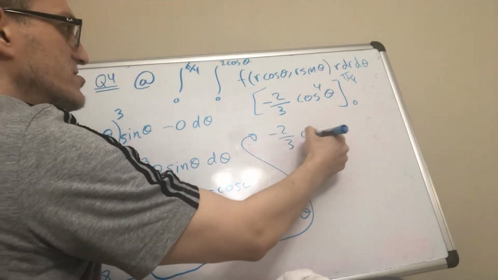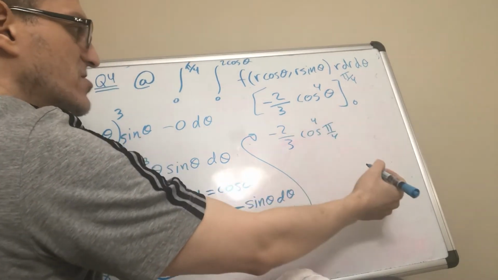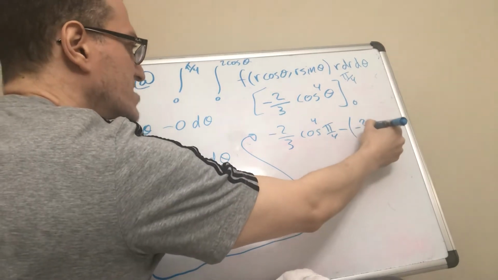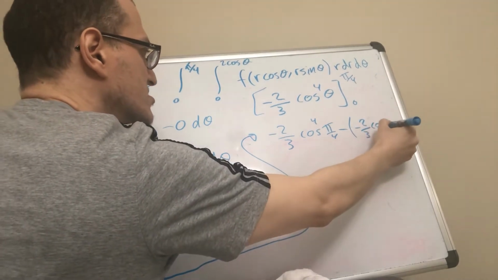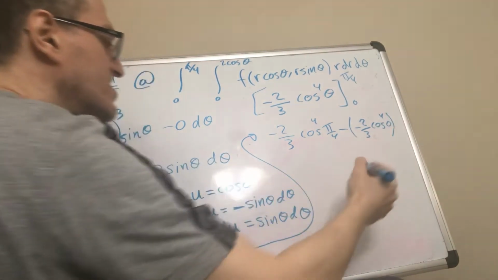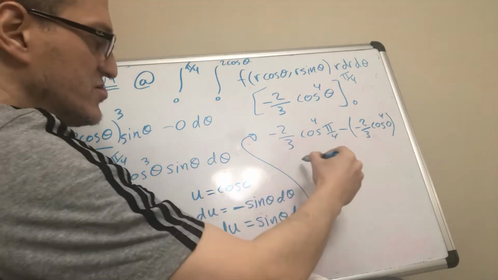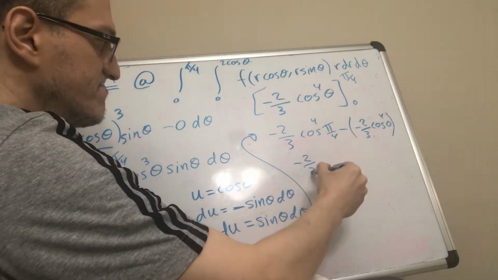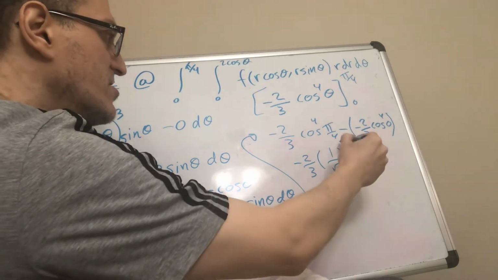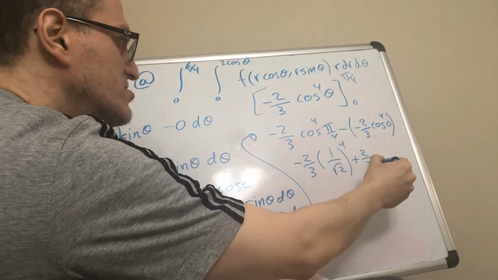Minus 2/3 cosine pi over 4 to the power 4, minus minus 2/3 cosine to the 4 of 0. Now you know that cosine pi over 4 is 1 over root 2. So 1 over root 2 to the power 4, plus 2/3.